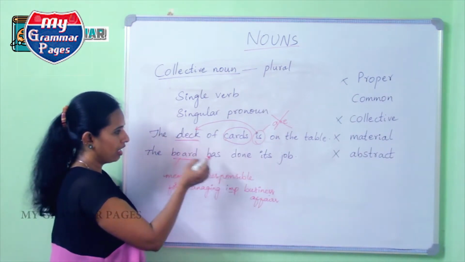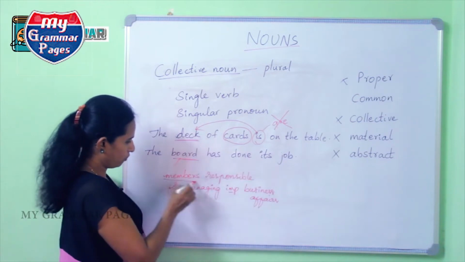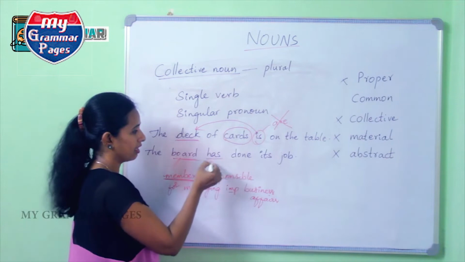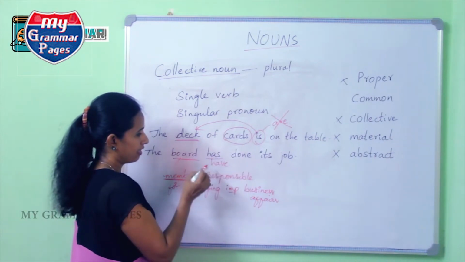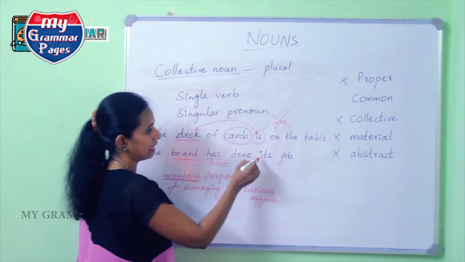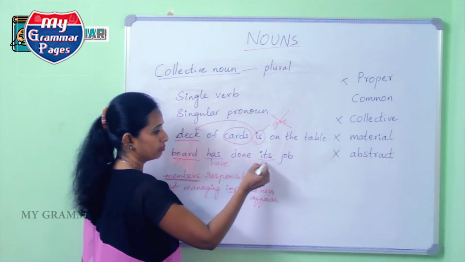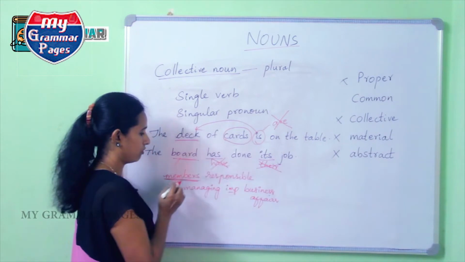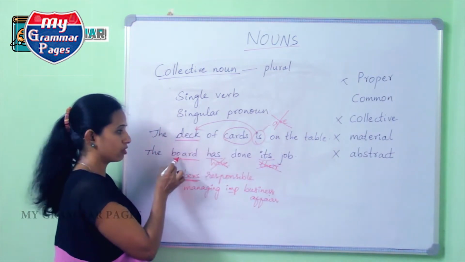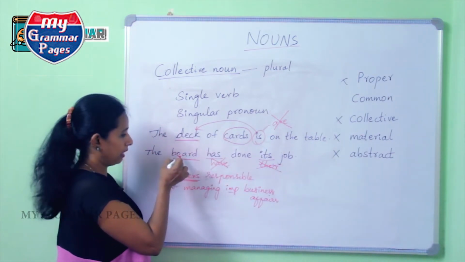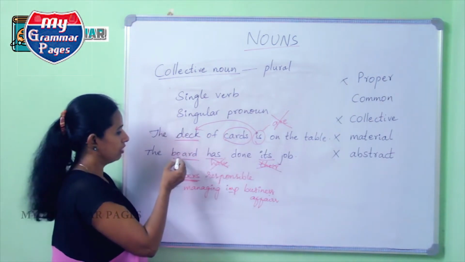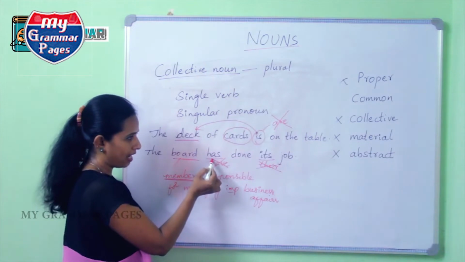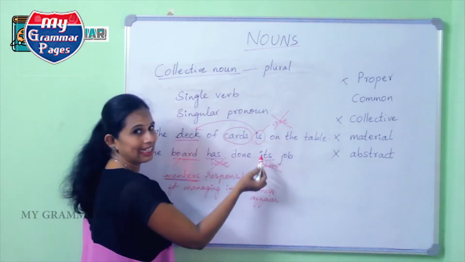So this board has done its job. We are not focusing on the group of people who are present in the board and write it as have. And if you take have, obviously we cannot go with its, it becomes there. So these two are wrong because we are not focusing on the members and we are focusing only on the collective noun, that is board. So it takes only single verb has and singular pronoun its.